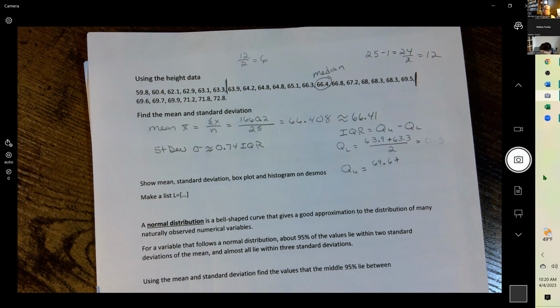Make sure this is a plus sign. I was just looking at the minus. The upper quartile is 69.55.